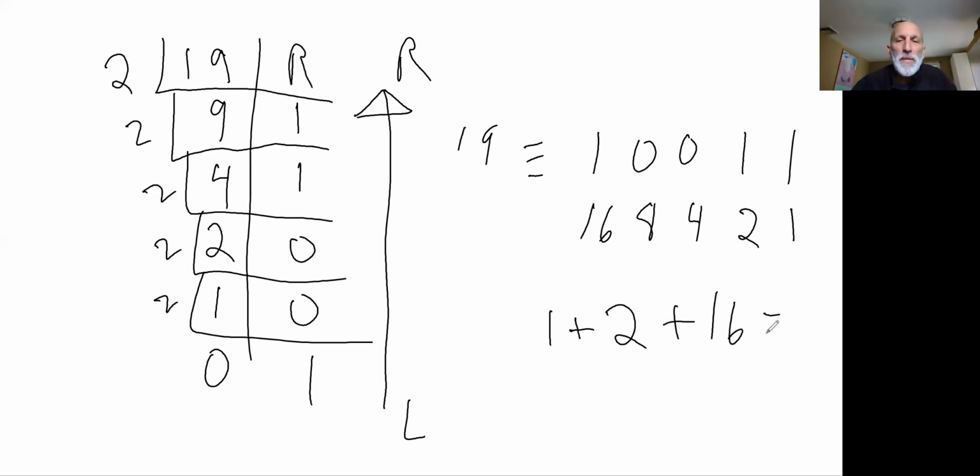If you add those numbers together, 1 plus 2 plus 16 is 19. So that's going from binary, base 2, into base 10 by writing down the place values and looking at where the 1s are. And that's how you convert from base 10 to base 2, and also from base 2 to base 10.